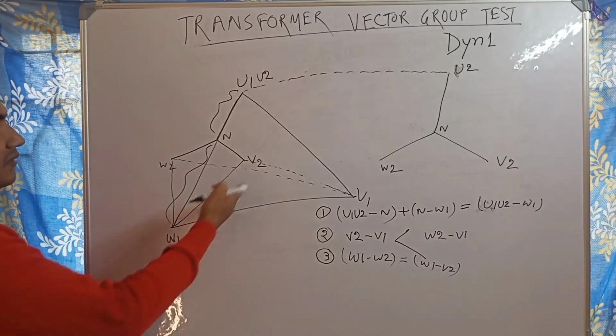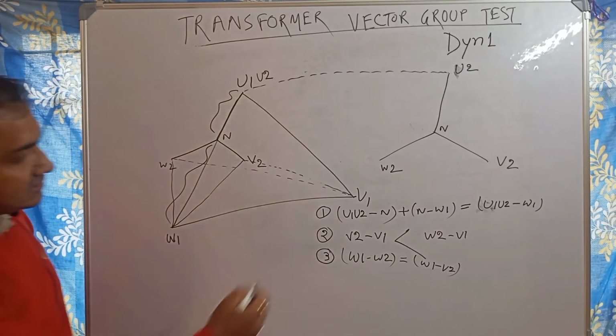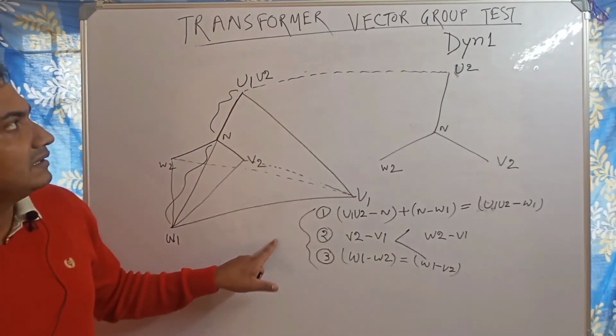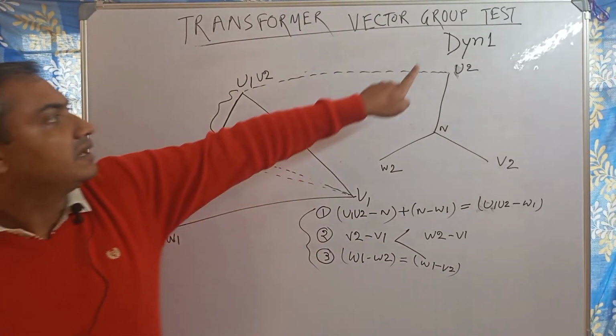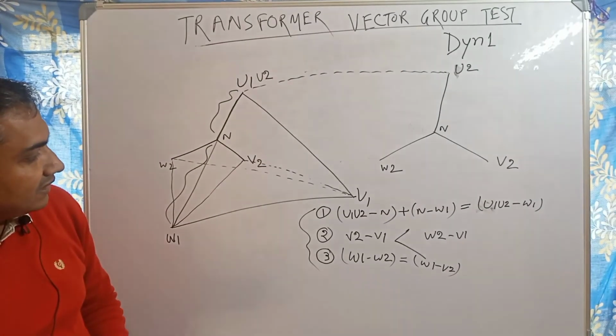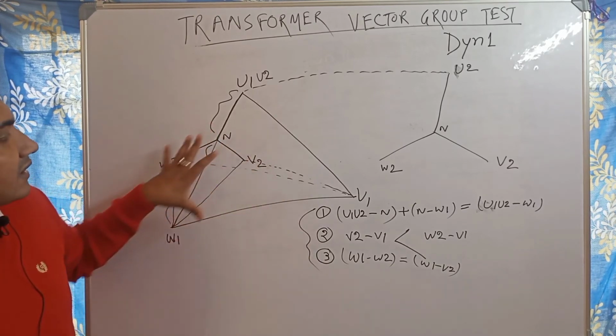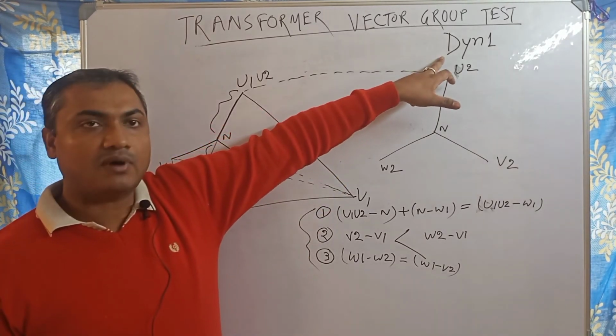The voltage between W1 V2 is equal to the voltage between W1 W2. If these three conditions match, then the transformer vector group is Dyn1. I am again repeating, if these three conditions are fulfilled, then the transformer vector group is Dyn1.